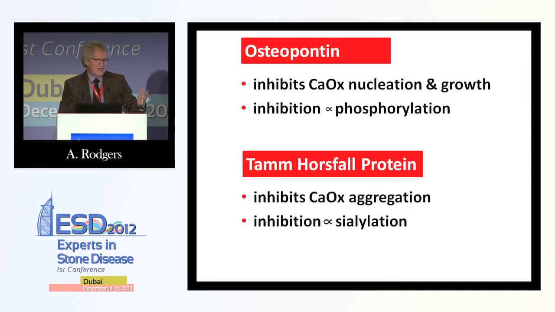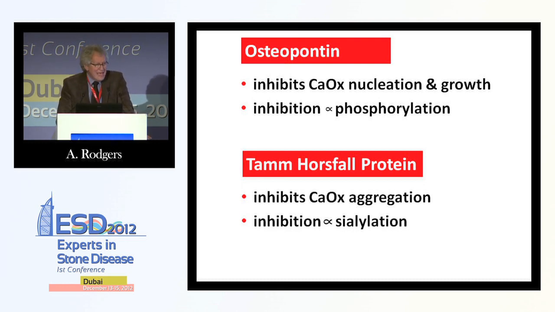And just to take from a summary of the literature, osteopontin is a protein that's found to inhibit calcium oxalate nucleation and growth. So that's a crystallization mechanism. And the inhibition depends on the extent of the phosphorylation. And similarly, Tamm-Horsfall protein inhibits another stone-forming mechanism, which is aggregation.